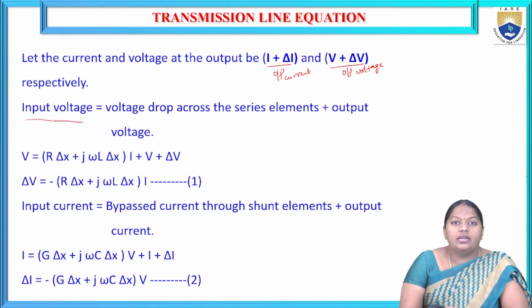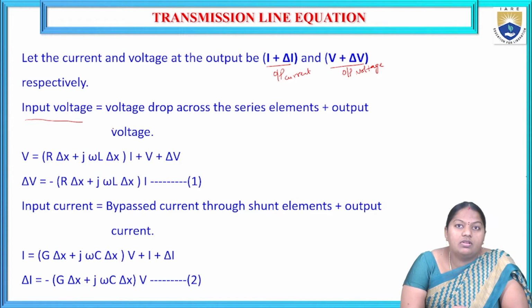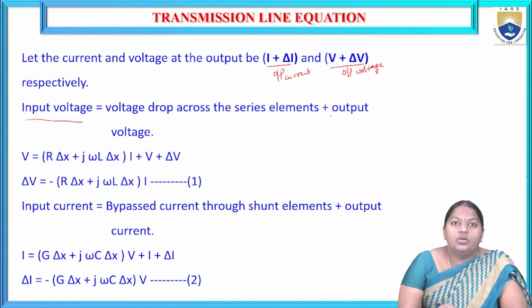Then based upon that lumped element section, we write the equations for the input voltage and input current. The input voltage is equal to the voltage drop across the series elements plus the output voltage.